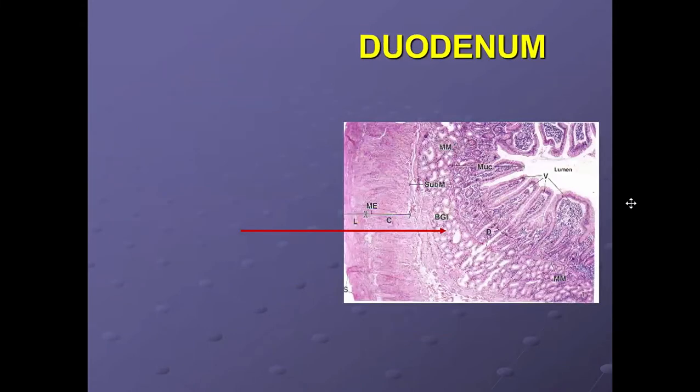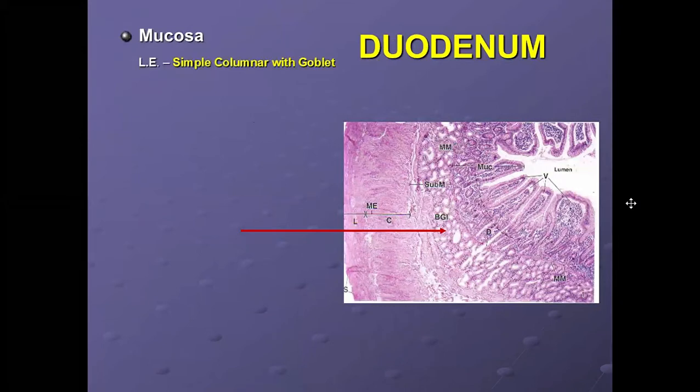Duodenum: the mucosa is simple columnar with goblet cells, while in the stomach, you have simple columnar without goblet cells. So in the intestine, up to the large intestine, you will see goblet cells.